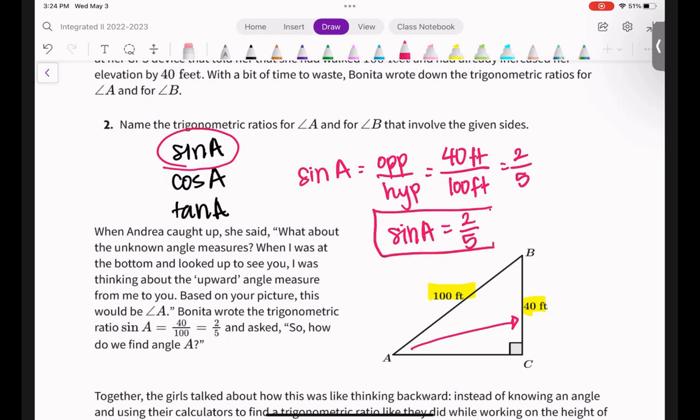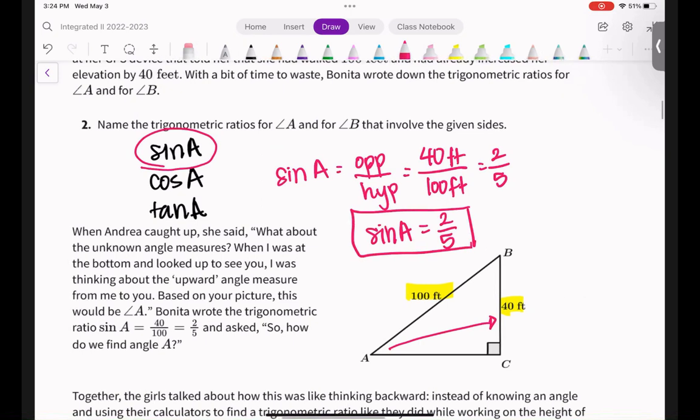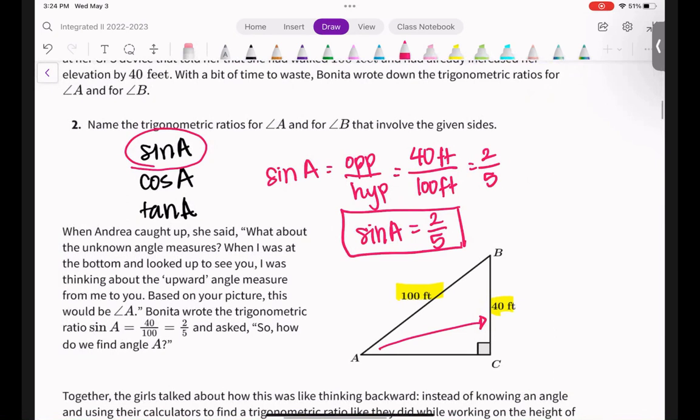So now you would have to figure out for B, I would do the same thing. Which sides did they give me in terms of B that relate to B? And so you go through sine of B and you're like, they didn't give me opposite. What about cosine?